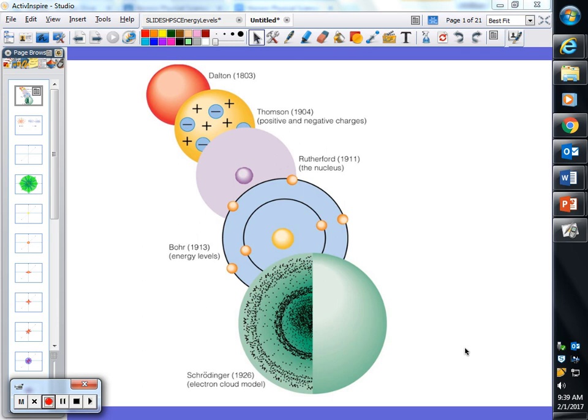So, to review a couple of the things that we talked about at the end of the class yesterday. We finally got to what we refer to as the quantum mechanical model of the atom, or the electron cloud model of the atom. That is the work of, among a lot of other people, but definitely Schrodinger, and that's sort of our main view of what the atom looks like today.